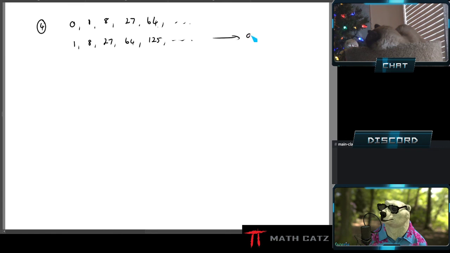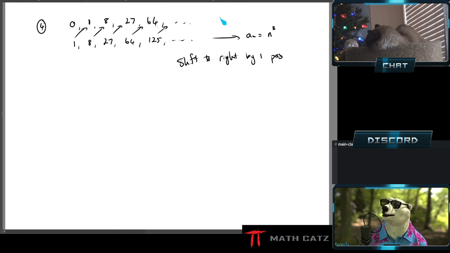And I know that one, it's n cubed. This is just a shift again. See? It's just shifting to the right again. Shift to the right by 1 position means that this sequence has a formula that I can find by replacing the n with n minus 1.